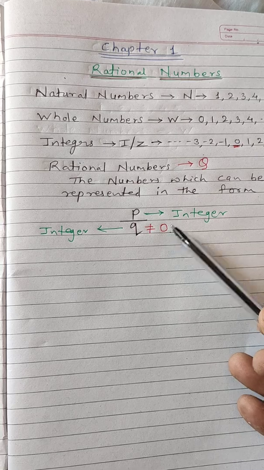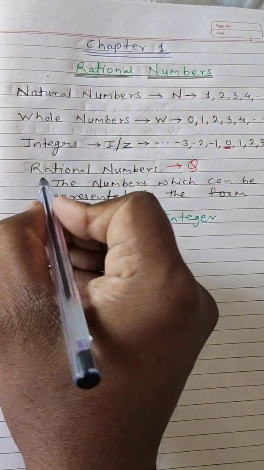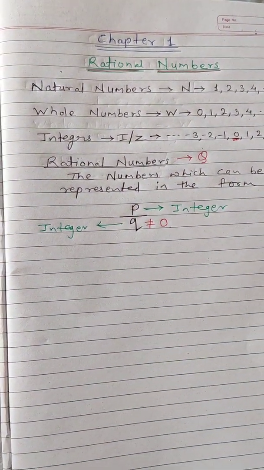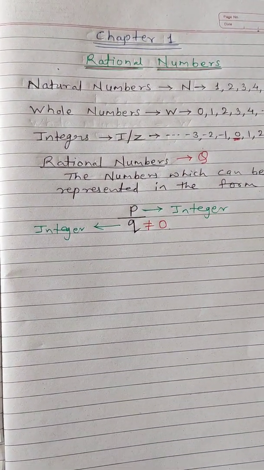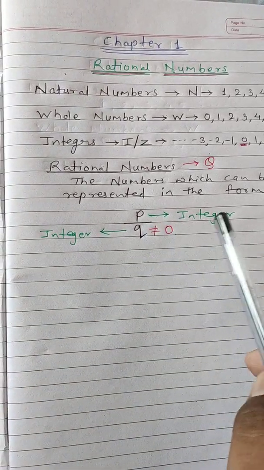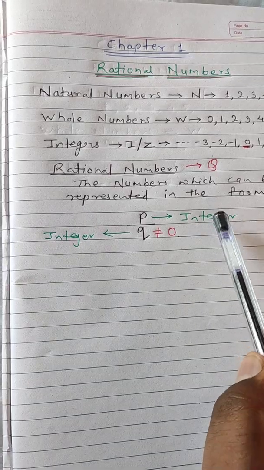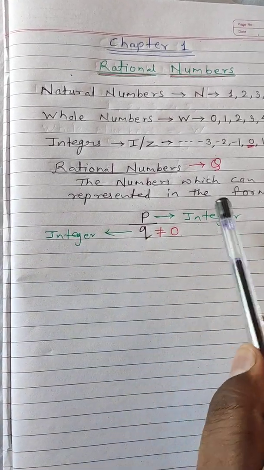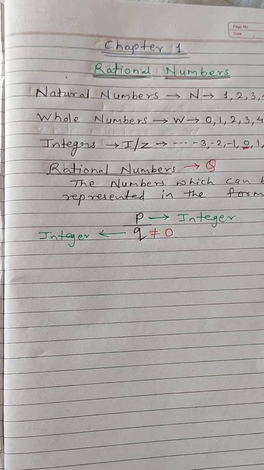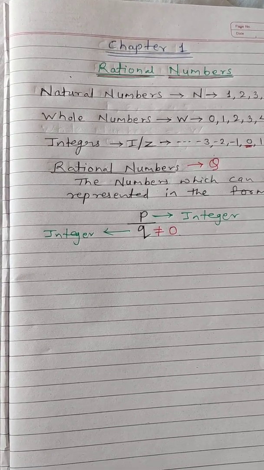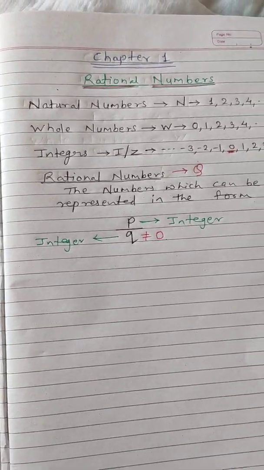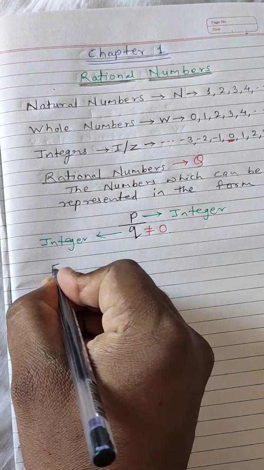Is that understood everyone? So if you remember, in our lower classes we have learned about fractions. Basically in fractions, P and Q are whole numbers instead of integers, means only positive numbers are allowed in the fraction. Got it? Now let us take some examples of it.